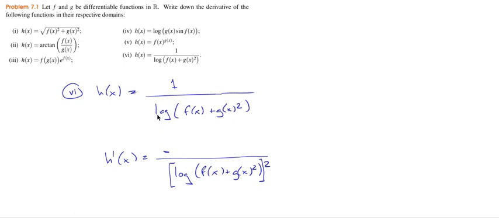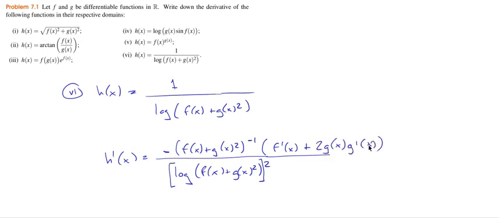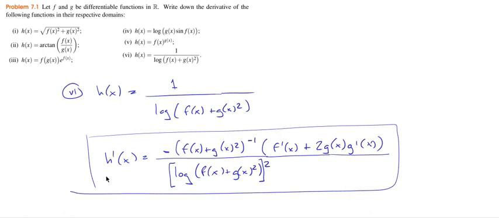So then we have the derivative of this, which is first of all 1 over f plus g(x) squared, times the derivative of this, which is f prime plus 2 times g prime. That is the derivative that we were looking for.